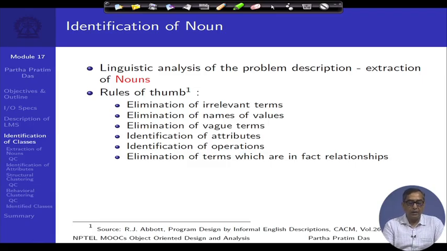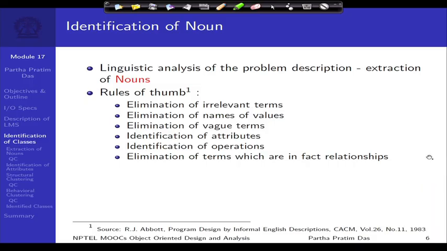The first attempt that we will take is to go through this English description and try to extract nouns. This is an approach used specifically for textual descriptions or interactive notes, called linguistic analysis.